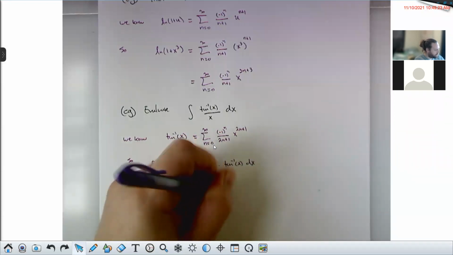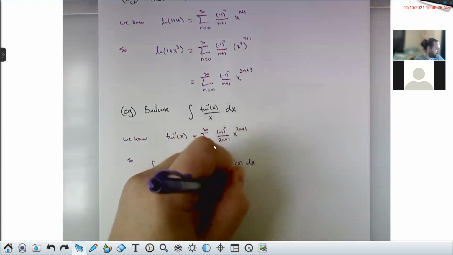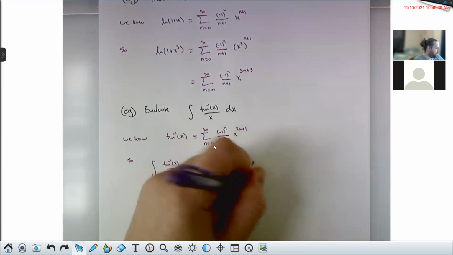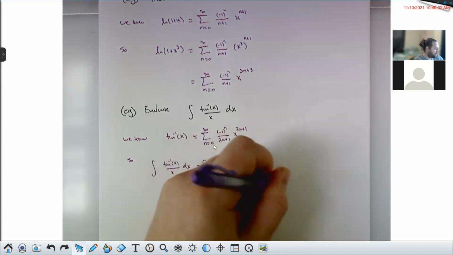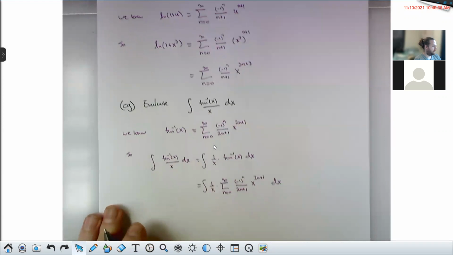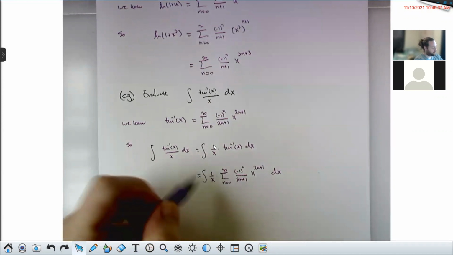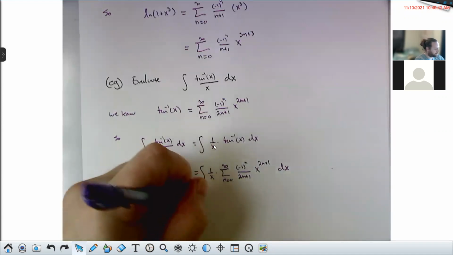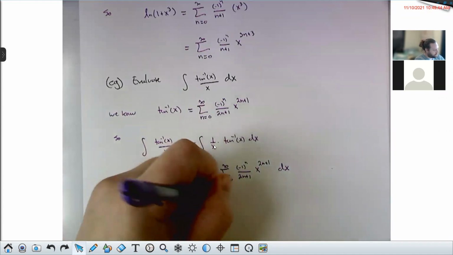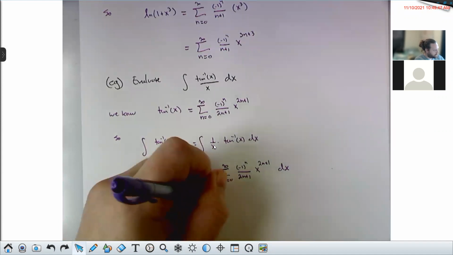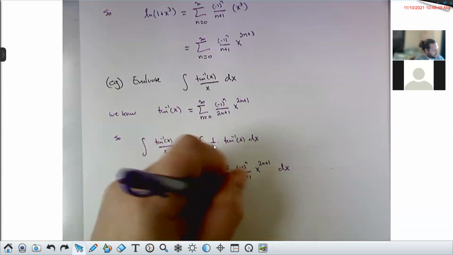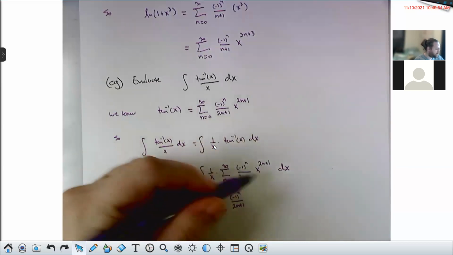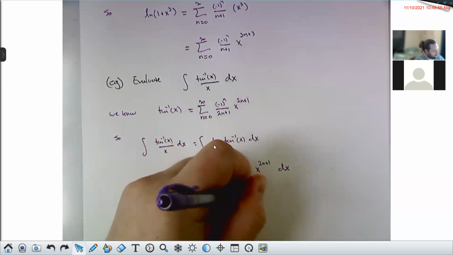The arctan piece is sigma n from 0 to infinity, negative 1 to the n over 2n plus 1 times x to the 2n plus 1. And then this 1 over x, I can bring into the series. So I have the integral of sigma n from 0 to infinity, negative 1 to the n over 2n plus 1. 1 over x times x to the 2n plus 1 is x to the 2n.